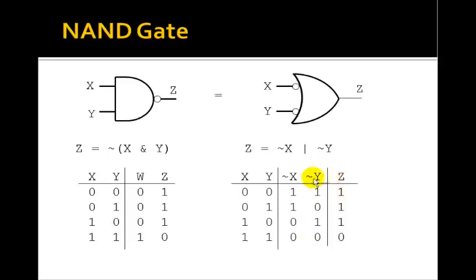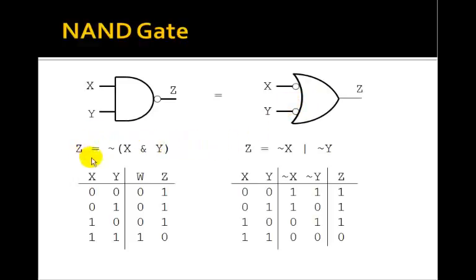And z is just the OR of not x or not y. That means it's 1 if either input or both are 1, and 0 otherwise. But look, this z is the same as this z, so this symbol really is a NAND gate. That is, we can make a NAND gate by drawing an OR gate and putting 2 bubbles on the input.